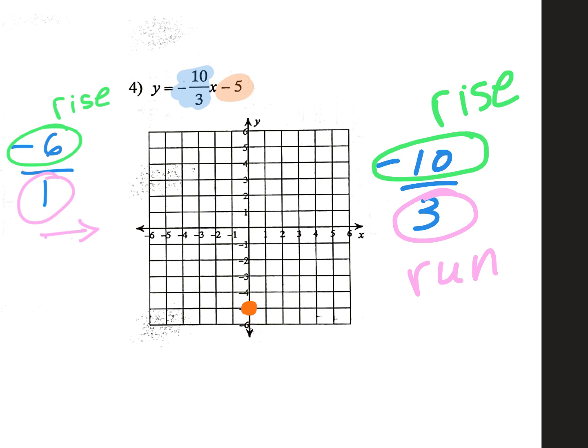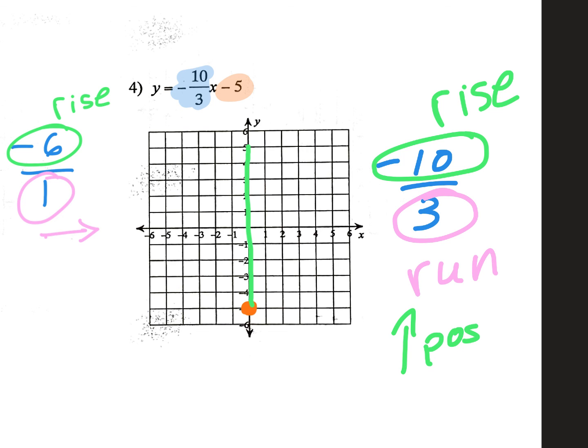Down, but do we have room to go down? No. The concept itself really isn't too terrible, but there's a lot of places to mess up. You don't have a choice but to go up 10 because you don't have room on the paper. So I'm going to go up 10 instead of down 10.